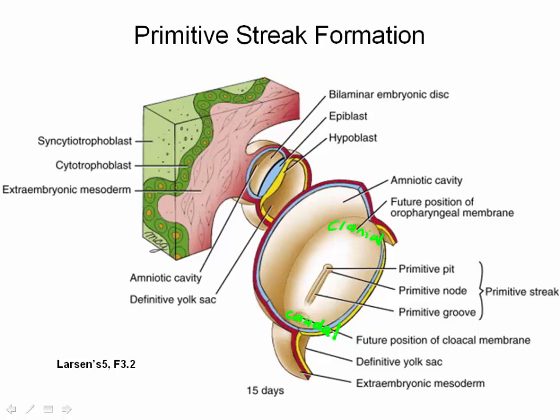Assuming that the bilaminar disc is viewed looking down at it from inside the amniotic cavity, with its cranial end up, what lies to the right of the primitive streak represents the right side, and what lies to the left represents the left side of the embryo. The dorsal-ventral axis is also defined, with the dorsal side being what faces us and the ventral side being that which faces the hypoblast.